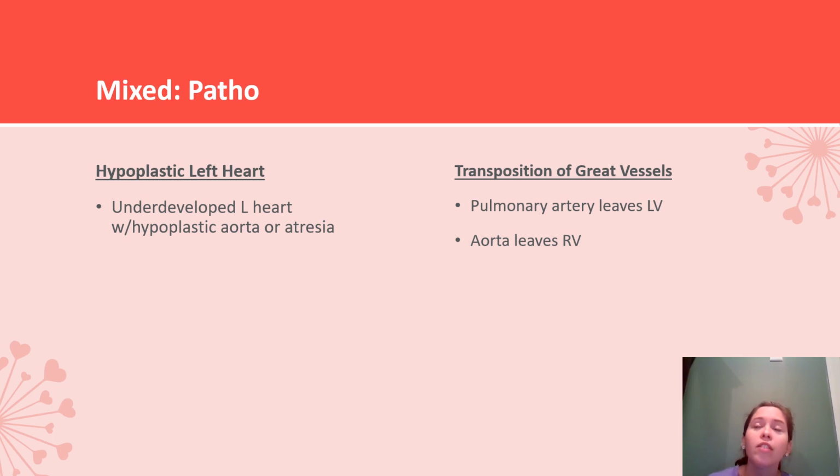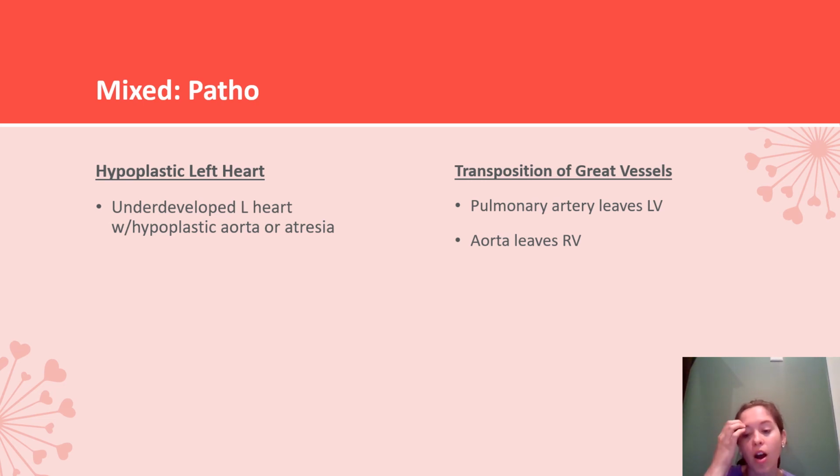And remember, the left ventricle is supposed to be the biggest, strongest chamber in our heart. So if it's now the smallest and weakest chamber of our heart, it's going to have a really hard time pushing blood up into the aorta and out through our body. So there's a really high chance that we're going to have blood backing up into our lungs.